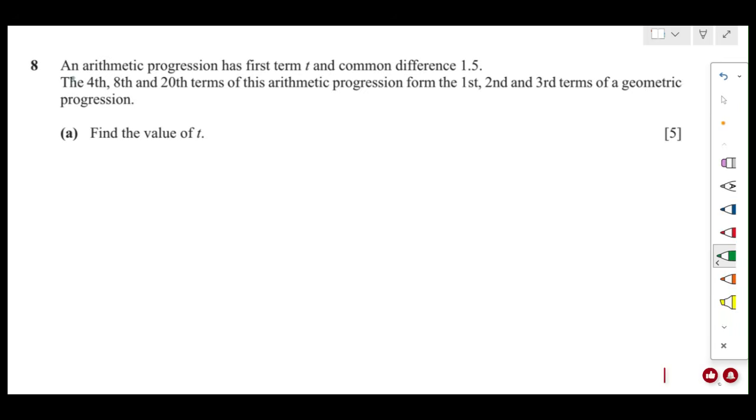Question number 8. An arithmetic progression has a first term t and common difference 1.5.